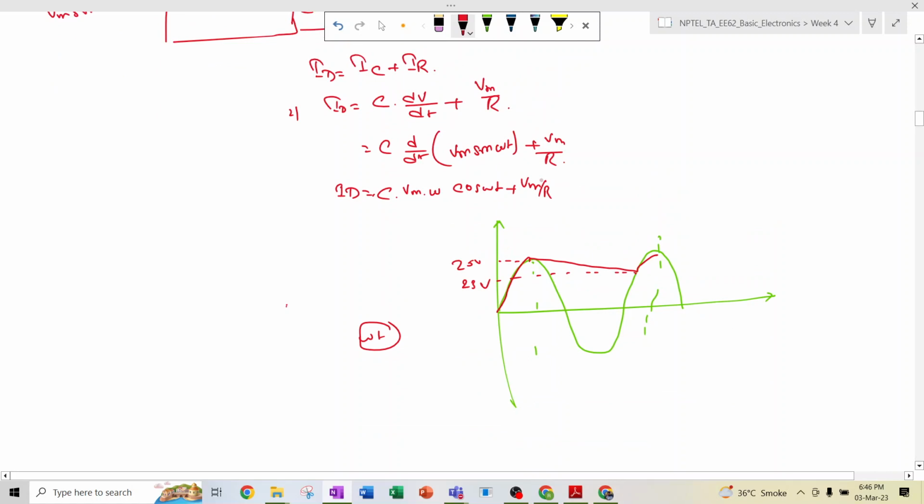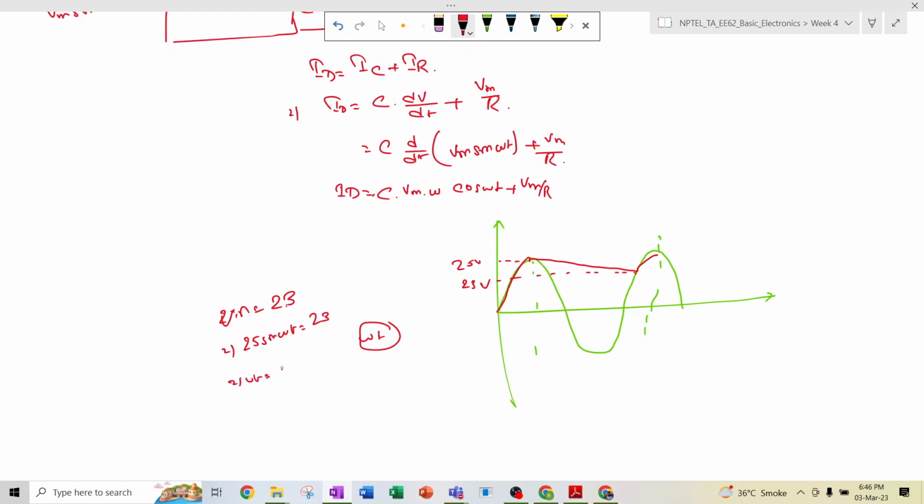So the capacitor, when it is getting discharged, this V in value should be equal to 23, and 25 sin omega t is nothing but 23, so omega t will be sin inverse 23 by 25.